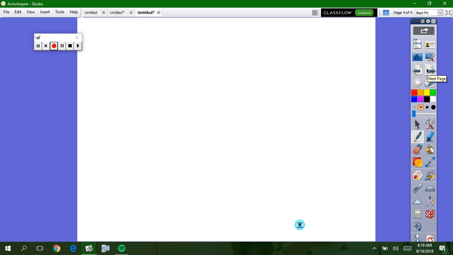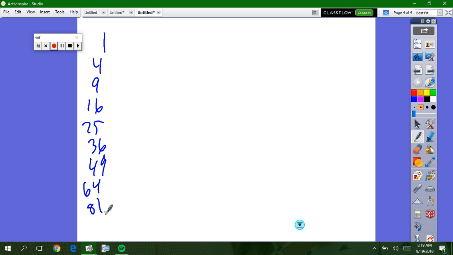What's 1 squared? These are perfect squares. So we have 1, 4, 9, 16, 25, 36, 49, 64, 81, 100, 121, 144, that's where most of you stop, right?